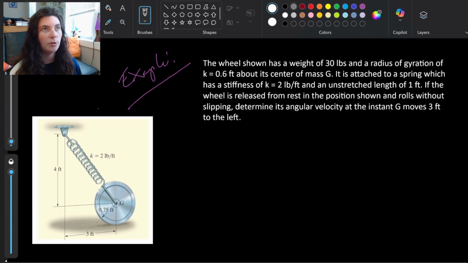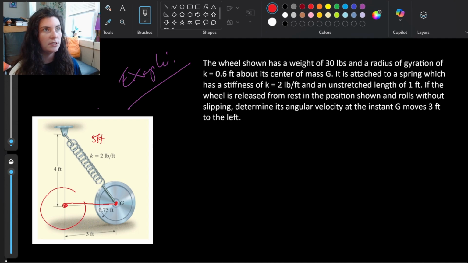It's going to come from where it is now. Right, so this G is right here. It makes this little 3, 4, 5 triangle. We can see this 3 foot, 4 foot. That tells us this length of this spring here is going to be 5 feet. And this G is moving to the left by 3 feet. So this is going to come over here.